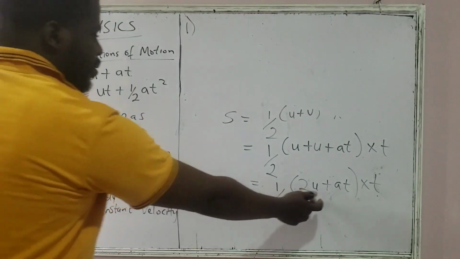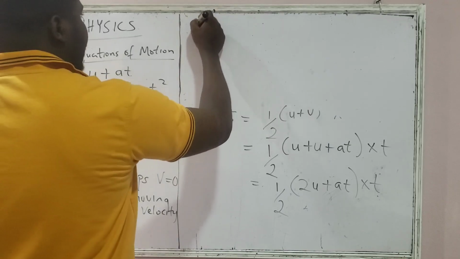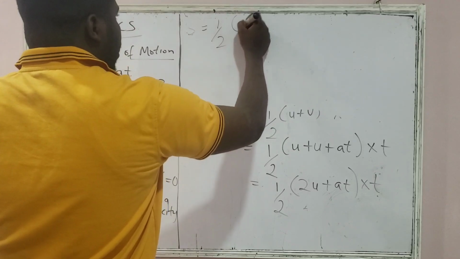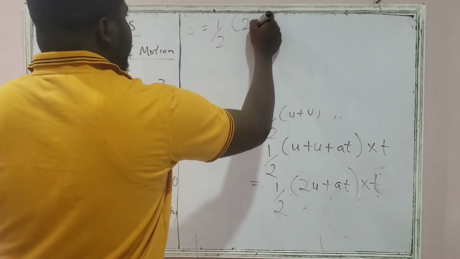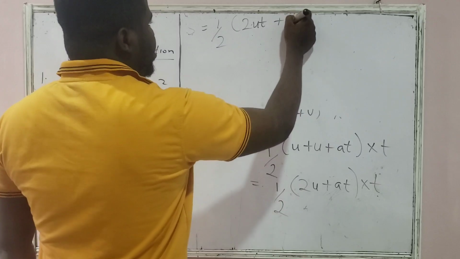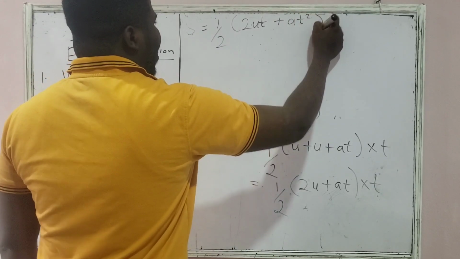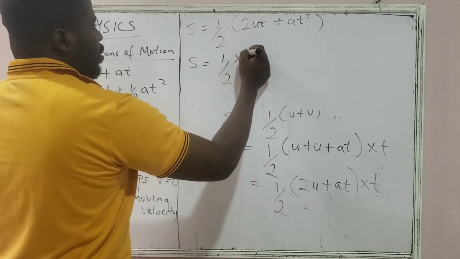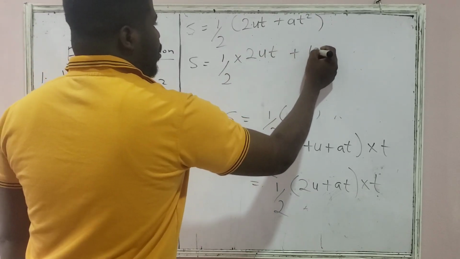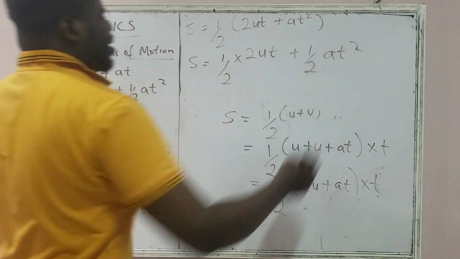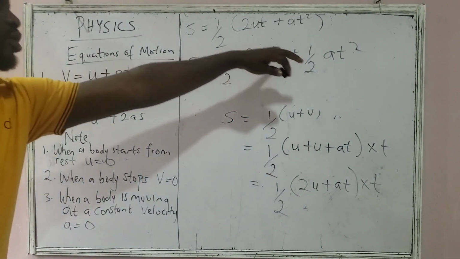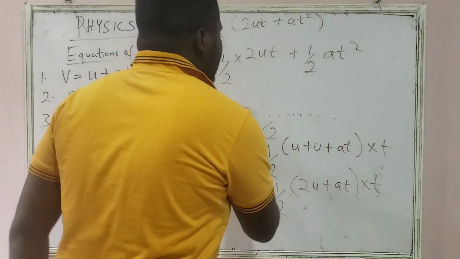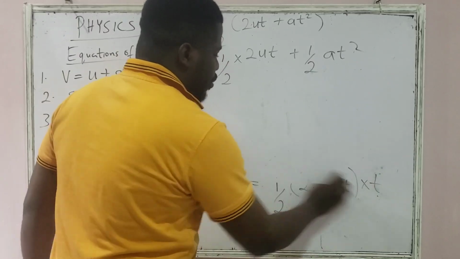So how do we go about this now? We have S = ½ times (2U + AT) times T. When we open the bracket, we have S = ½ times (2UT + AT²).